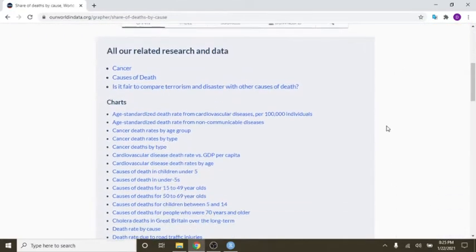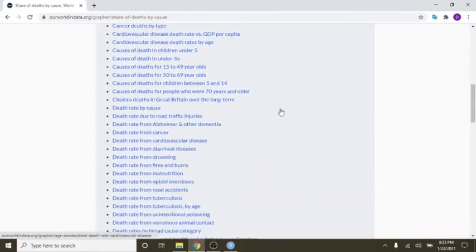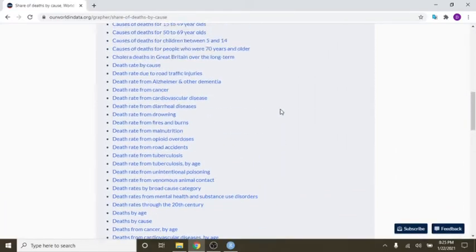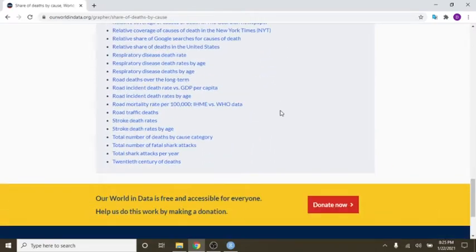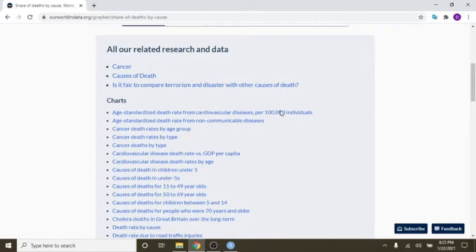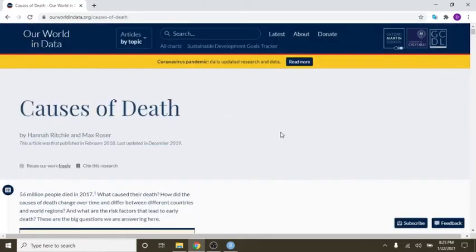Cancer causes of death, lots and lots of charts. Okay, causes of death, so we've got two data sets.